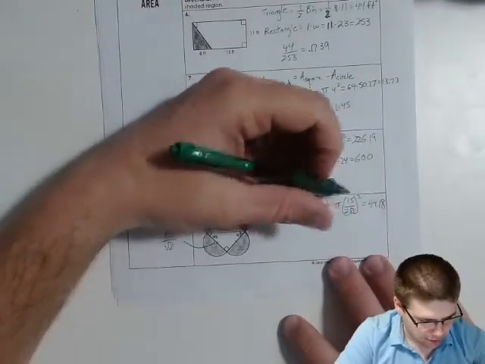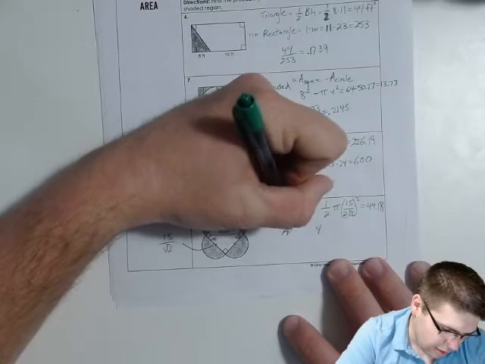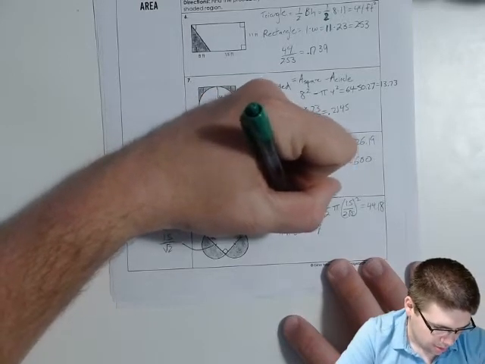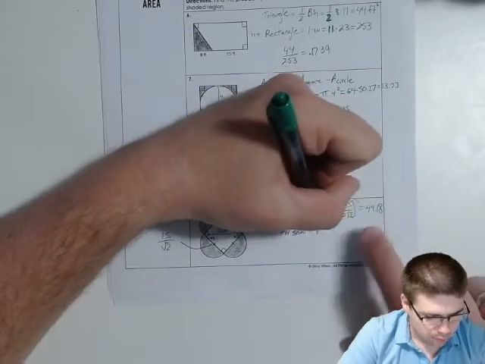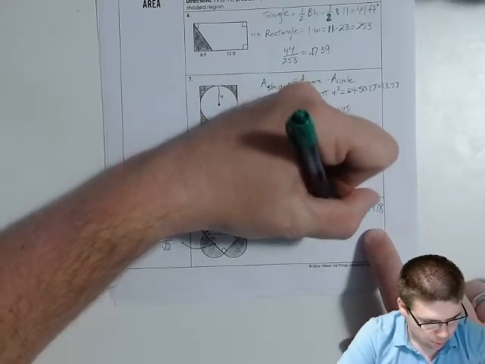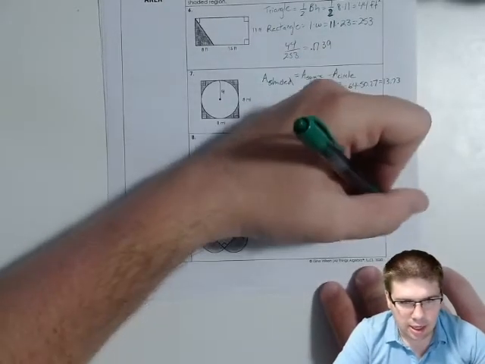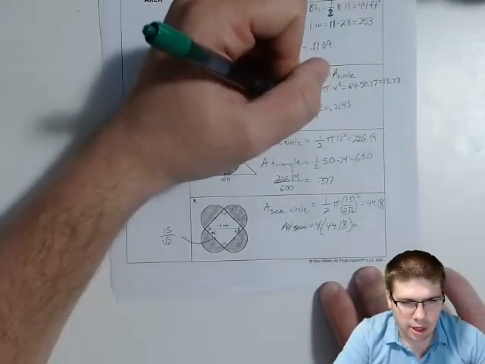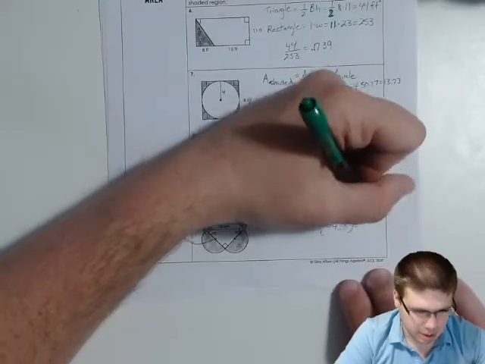So the area of all the semicircles is going to be 4 times. So I'm going to write all semicircles is going to be 4 times that, 44.18. And we would get a total area of, let's see, 176.72.